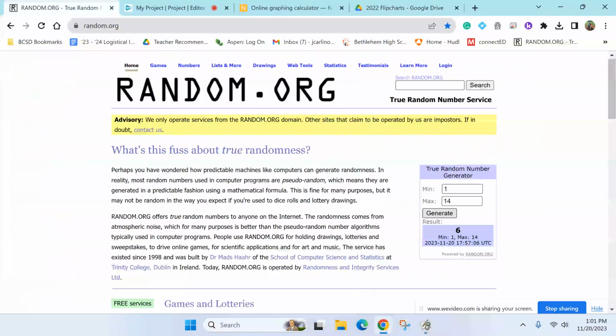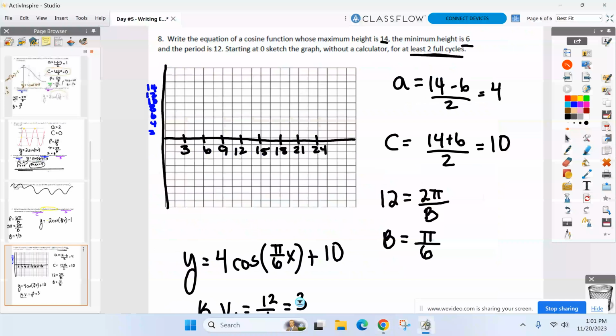All right, let's finish this out here. Gabby, you ready? Go ahead, finish your curve. It's cosine, right? It is a cosine function. So where should it start? At the max, which was 14. So we're going to start this at 14, then go to the midline, so that's 10.